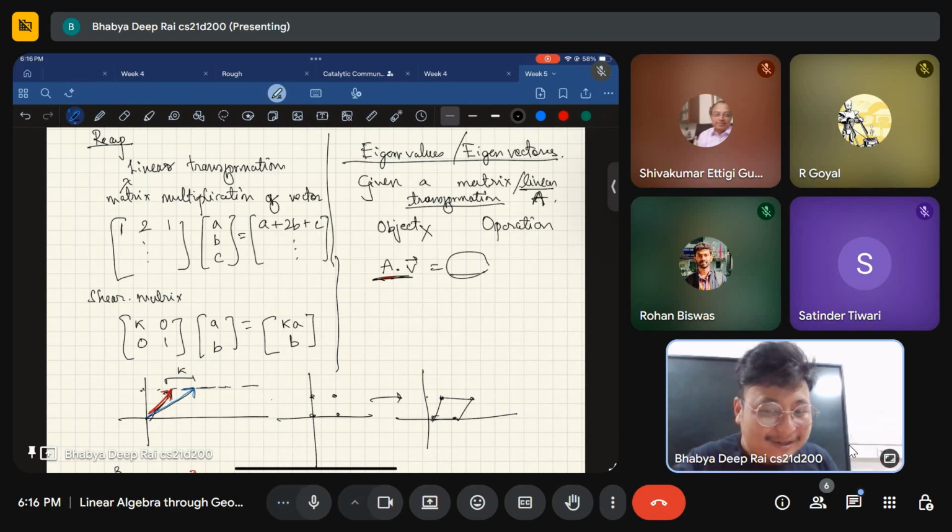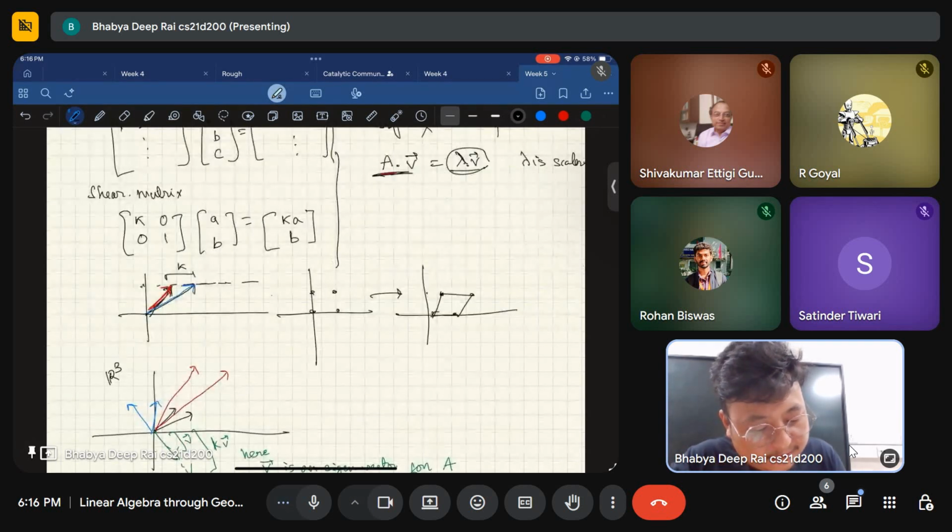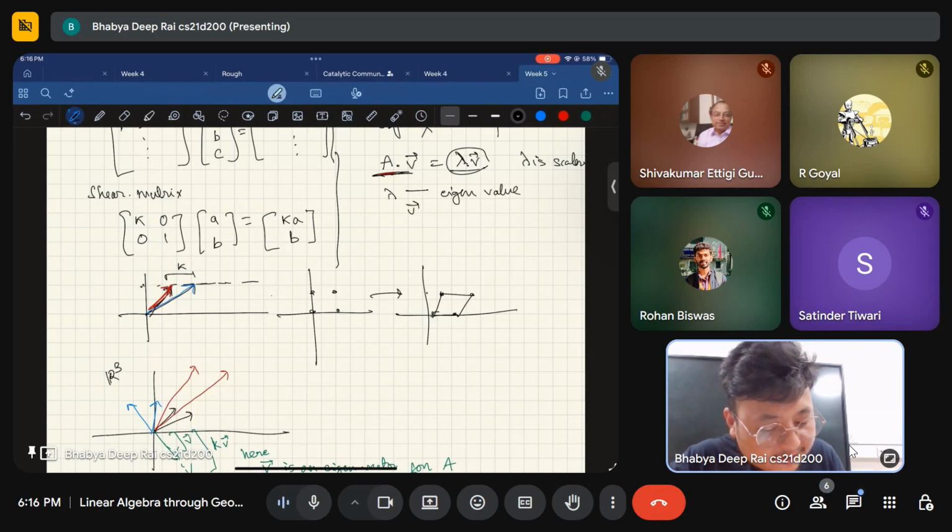Given a fixed A, does there exist a vector which, when multiplied by the matrix A, gives lambda v, where lambda is a scalar? That is the question. Here lambda is what is called an eigenvalue, and v is an eigenvector corresponding to it. I hope that is clear.